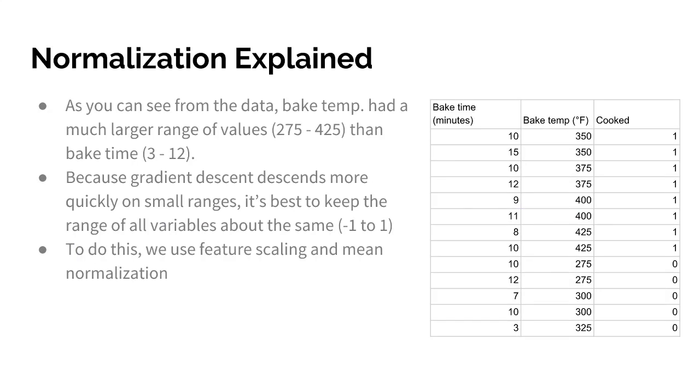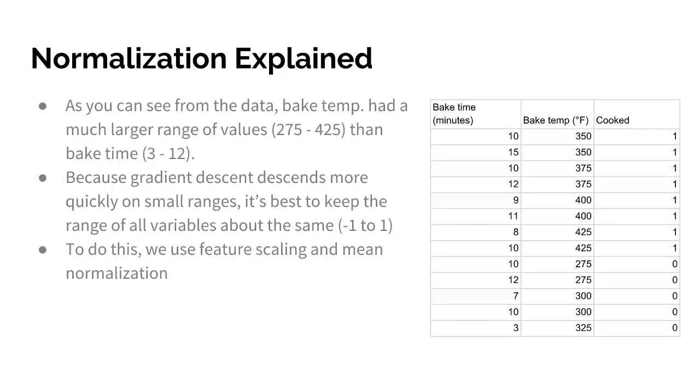So let's talk about the last topic of this lecture, which is feature normalization. As you can see from the data, the bake temperature had a much larger range of values than the bake time, on an order of magnitude.